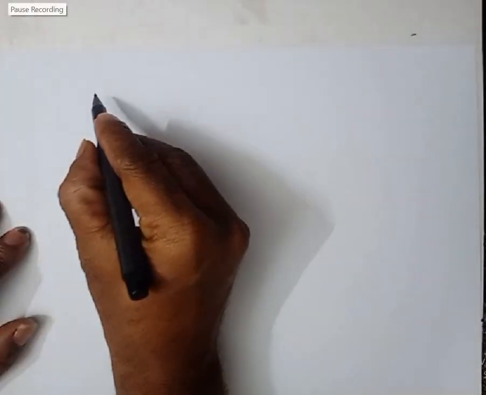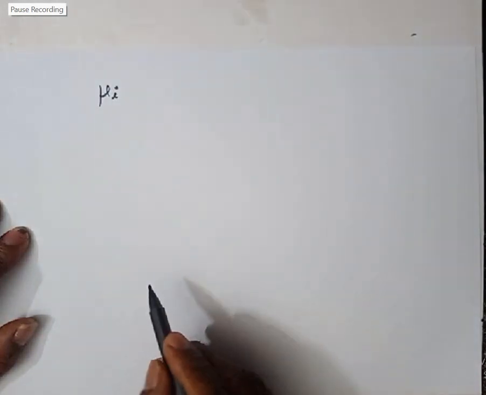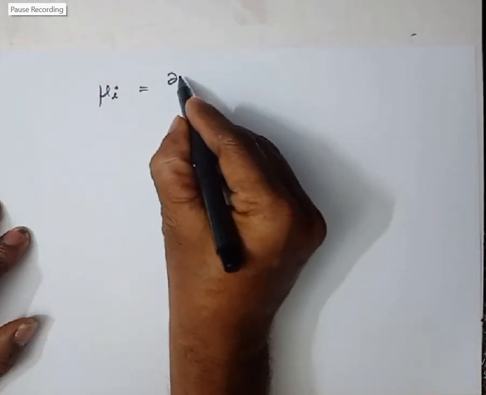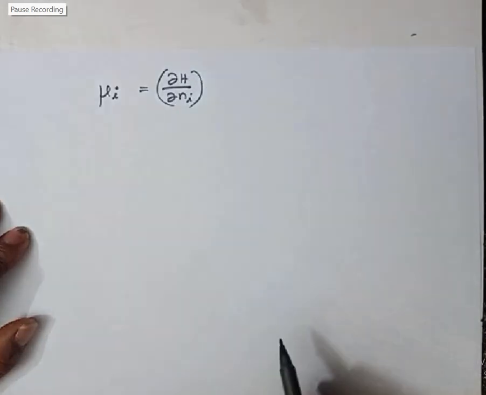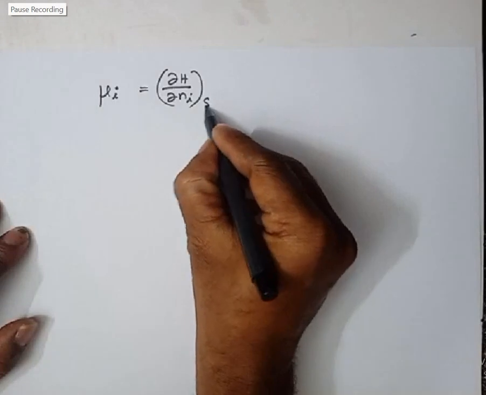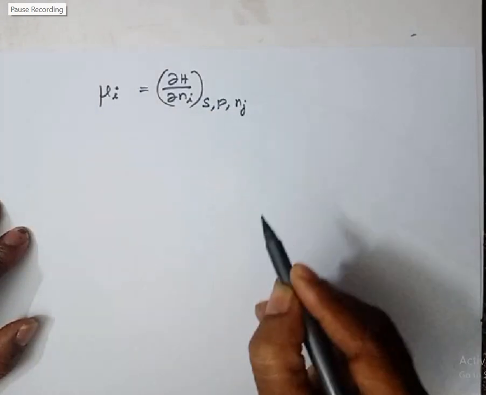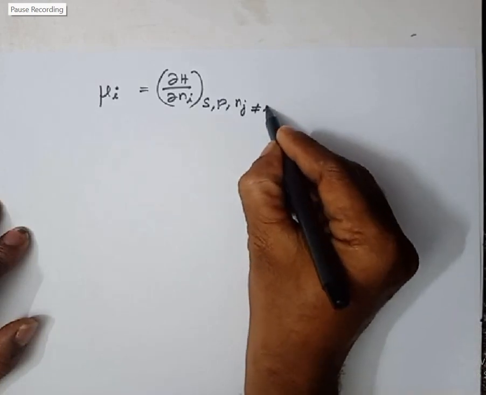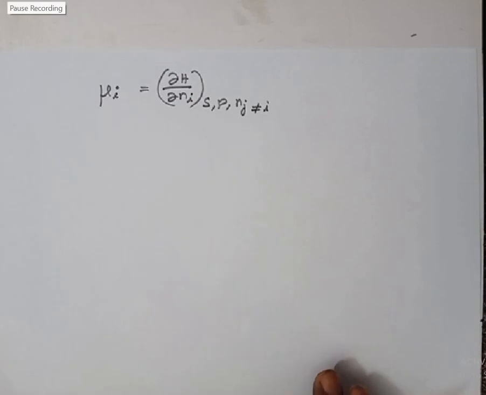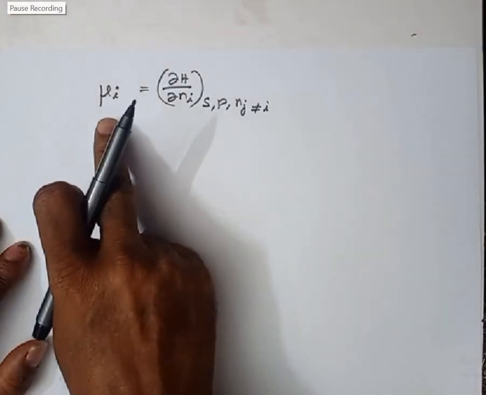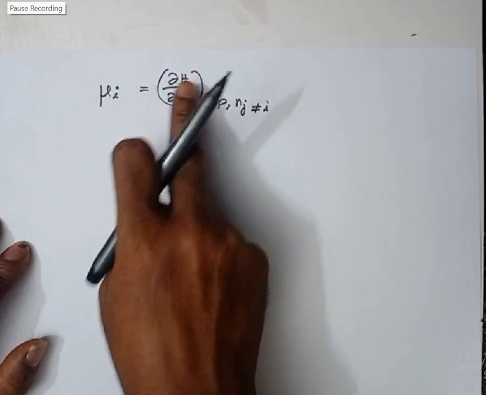From equation 2, I can write chemical potential of the ith component mu i is equal to dou H by dou ni, keeping entropy constant, pressure constant, and number of moles of all the components constant except the ith component. So this is another expression for chemical potential of the ith component in terms of enthalpy.